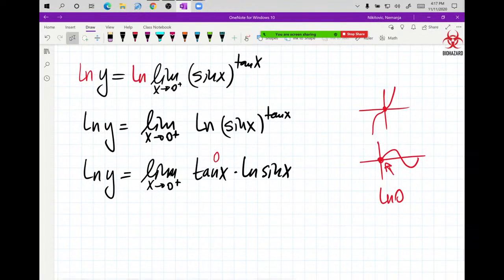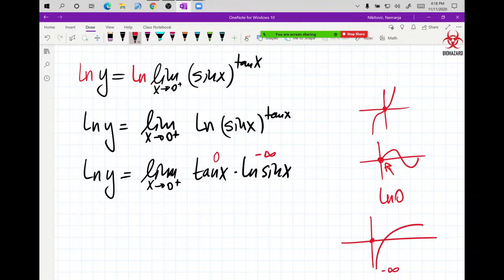And ln of 0, because it's a function composition, is negative infinity. So this piece is negative infinity. We don't have to worry about that sign. So it's a 0 times infinity case, which means we have to use 1 over f.